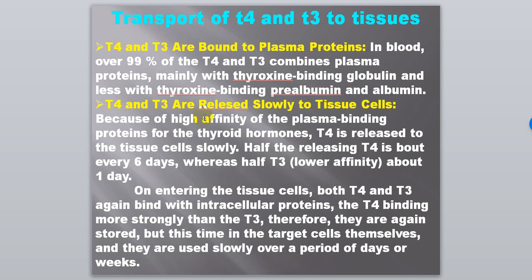Of course, this affinity is different for T4 and T3. T4 has more affinity for binding with the plasma protein, so it needs about 6 days to release to the tissue. T3 has less binding affinity, so it takes only 1 day to release from plasma protein and enter the tissue.